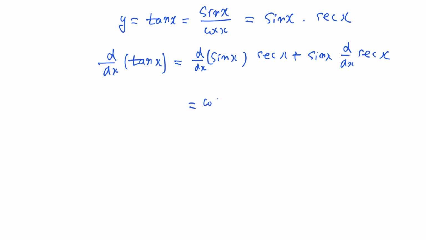So this is cosine x times secant x plus sine x times, we just have done the derivative of secant x, which is tangent x secant x, right? So cosine x times secant x is what? 1, right?